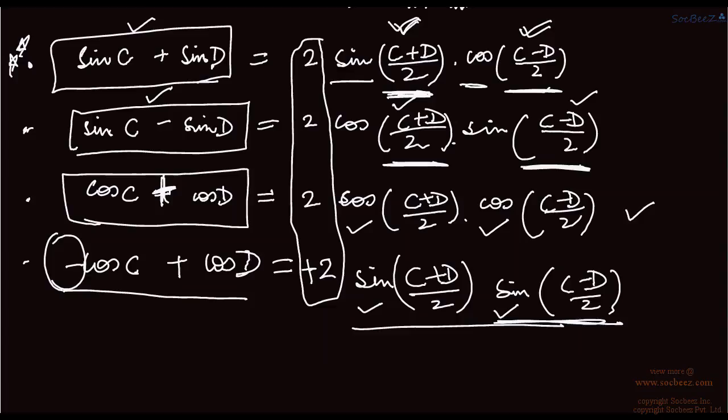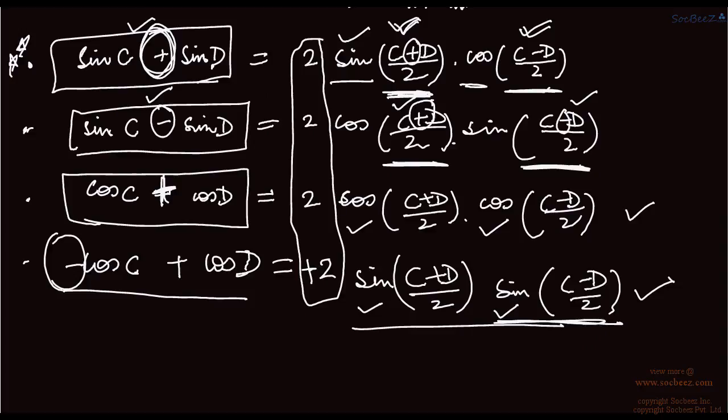If you are dealing with cos, just use both cos. If you are subtracting, you just use the negative sign. For sin, you use the sign on the left-hand side, just as on the right-hand side. For negative, the sign is negative and cos is positive. So this is how you remember this type of formula.